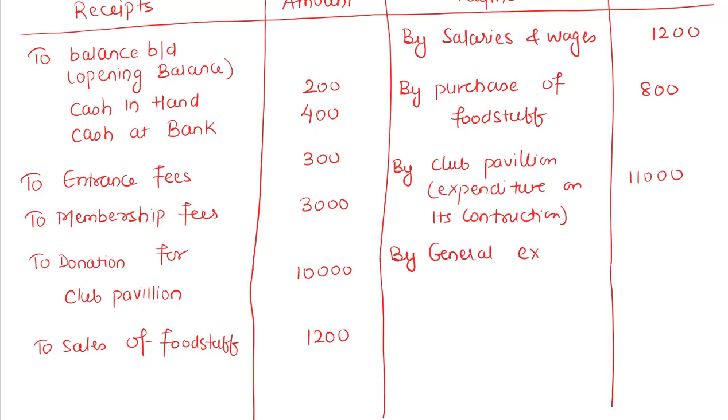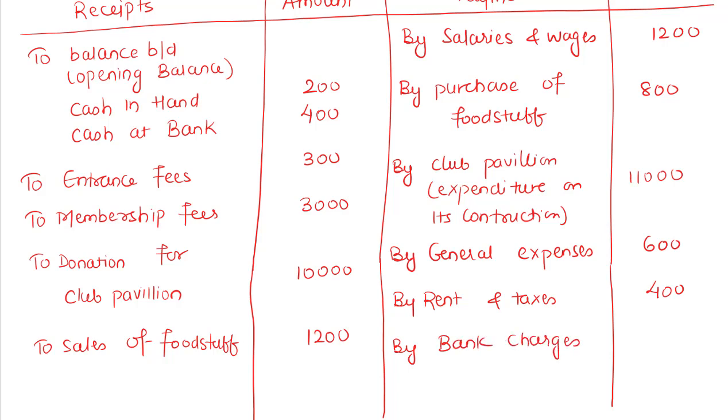By general expenses 600. By rent and taxes 400. By bank charges 160.